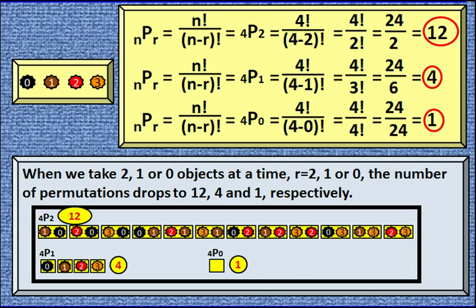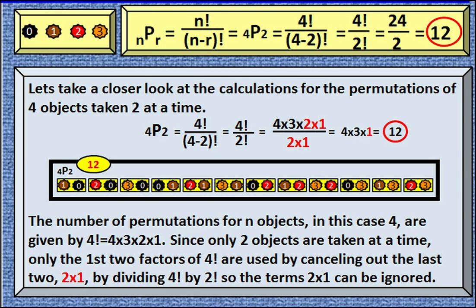Let's take a closer look at the calculations for the permutations of 4 objects taken 2 at a time. The formula 4 factorial over the quantity 4 minus 2 factorial is equal to 4 factorial divided by 2 factorial, and that in turn is equal to 4 times 3 times 2 times 1 divided by 2 times 1.